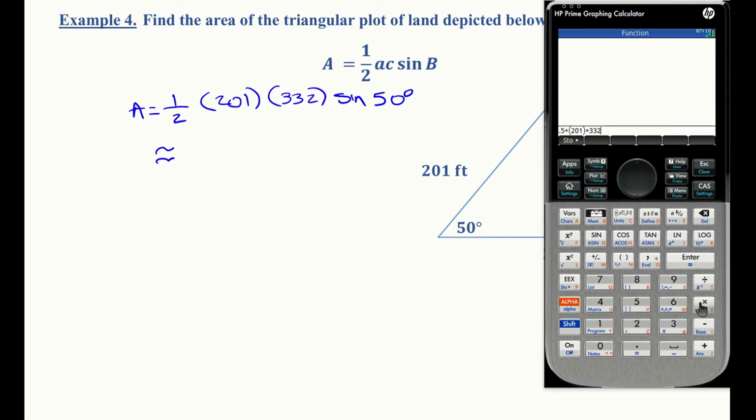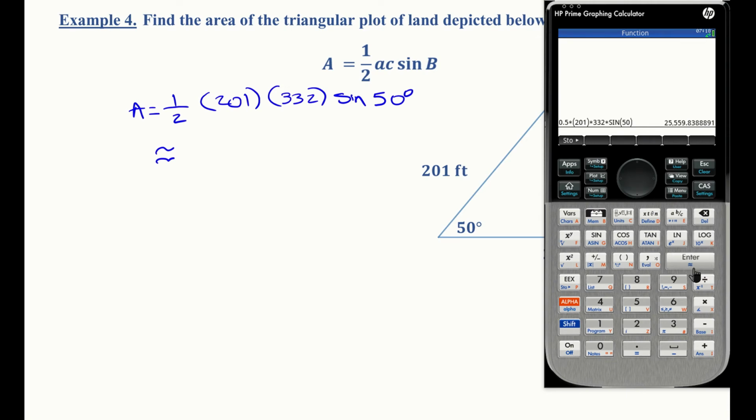We don't even need parentheses since it's making us do the multiplication anyway. And then we'll go times sine of 50. So take a few seconds just to make sure you put the right numbers in correctly, and go ahead and hit enter, and you'll have the area.